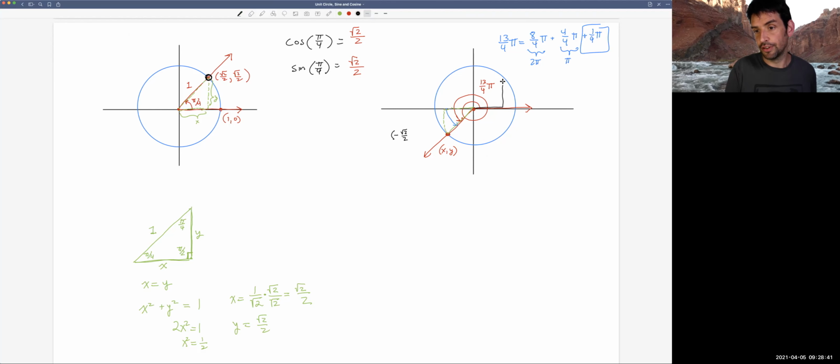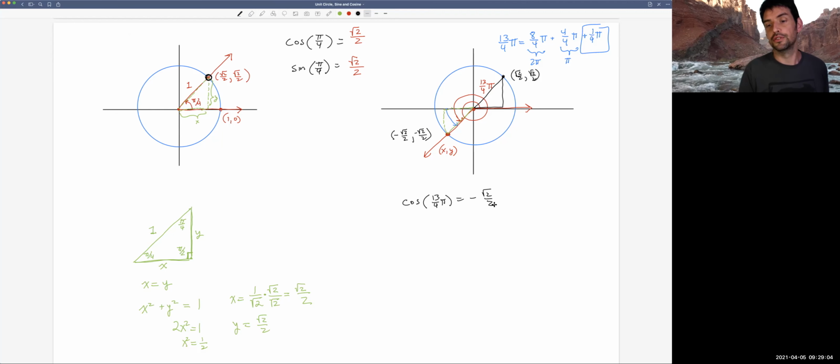That little triangle, if I fit it over here, would go right there. Positive √2/2, √2/2. We're moving the same distance, but in the negative x direction and negative y direction. And so we get this, okay? And so now our cosine of 13/4 pi is negative √2/2, as is the sine of 13/4 pi, negative √2/2, okay?